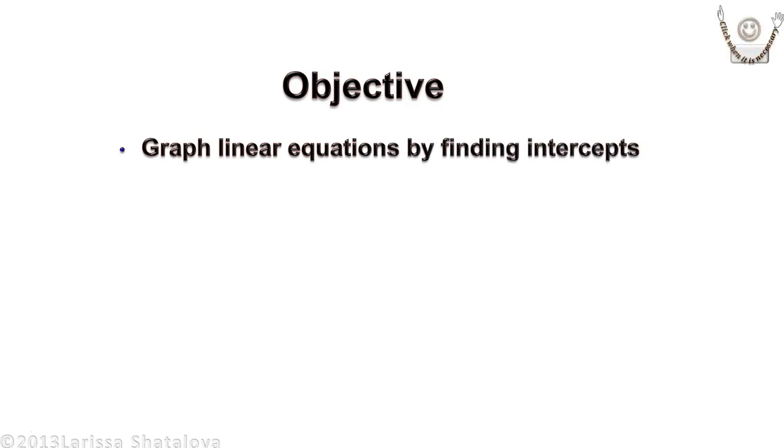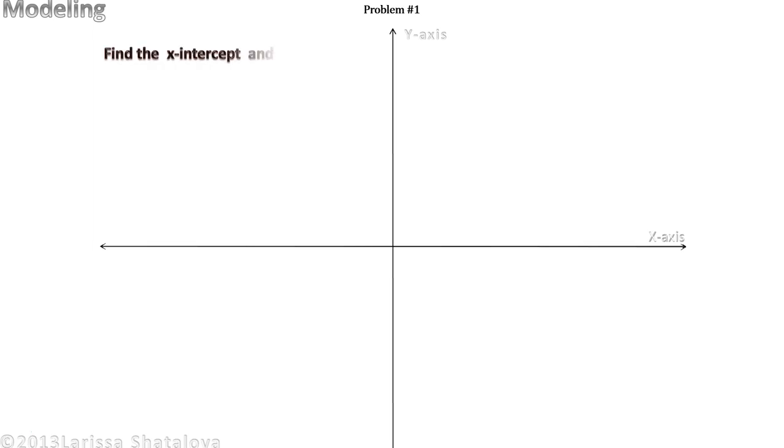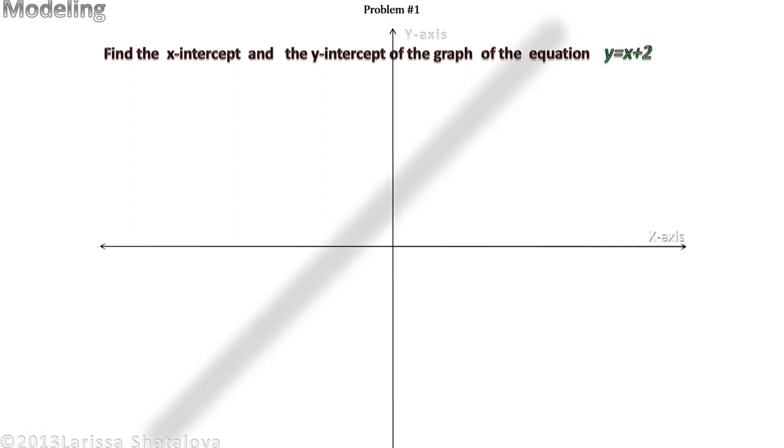Graphing linear equations by finding intercepts. Let's model how to find the x and y-intercept using algebra. The x-intercept is a point where our graph crosses the x-axis, so the y-coordinate for the x-intercept is 0.